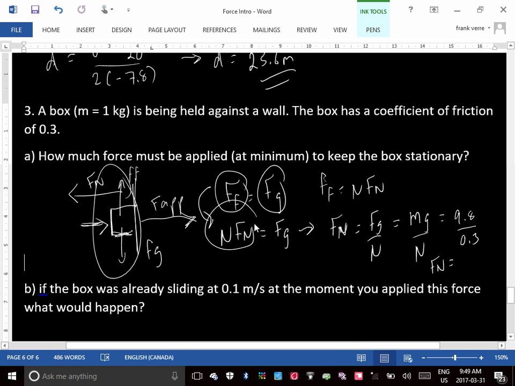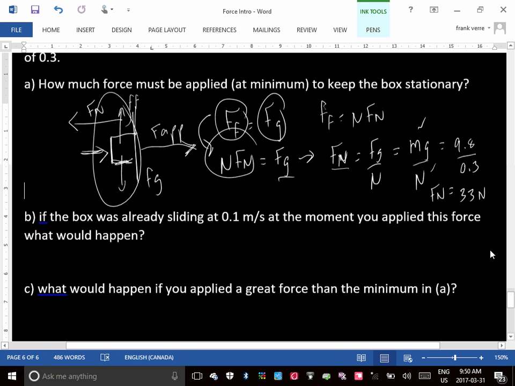All I did was rearrange this equation to get Fn. And then Fg is your weight over mu. So what do you get for Fn? 32 point something. It's going to round up to 33. So if you apply a force of 33 newtons against the wall, the force of friction should be the same as the weight. If the object isn't moving and the net force is 0, then it won't move.